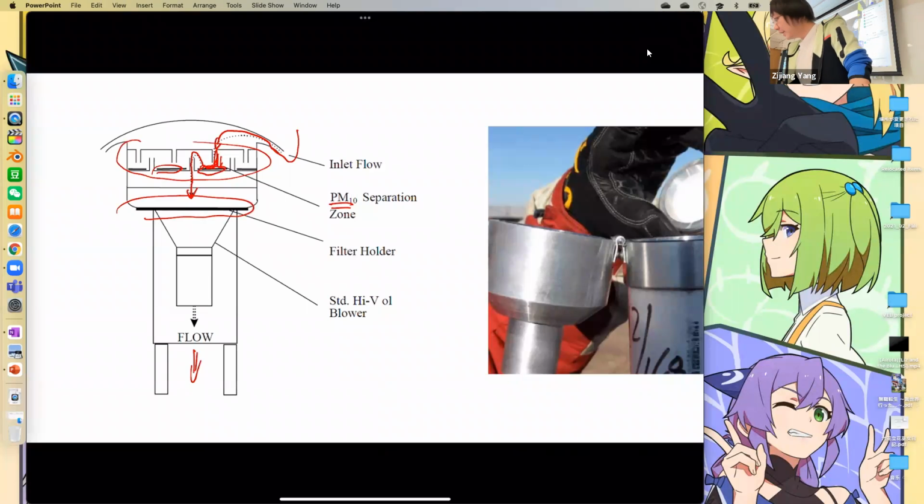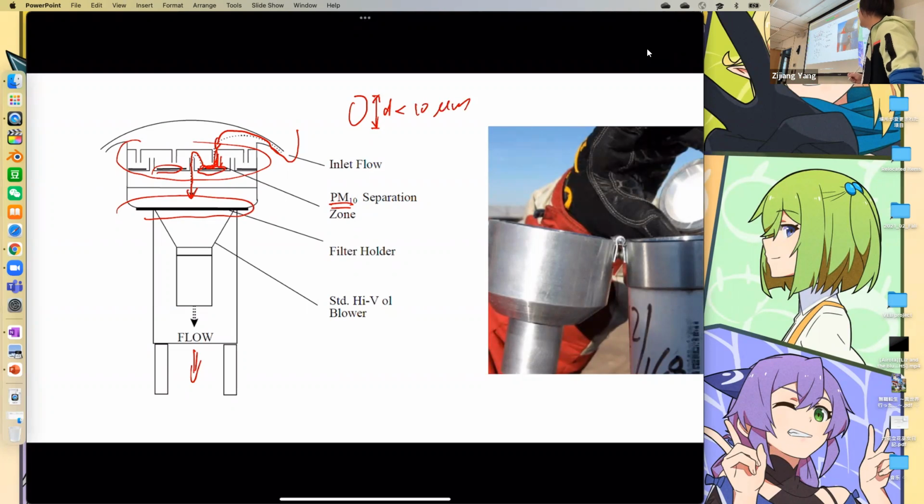PM10 refers to particles with a diameter smaller than 10 micrometers, and I will talk more about this in a future unit. The small particles are collected at the surface of this filter.